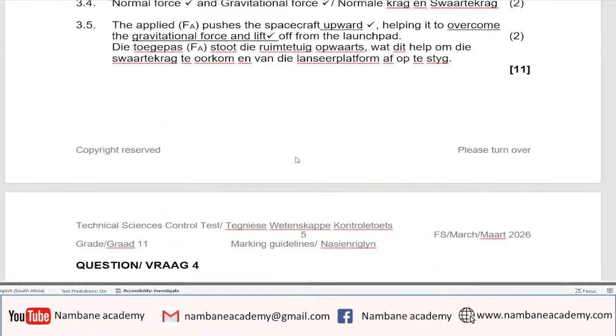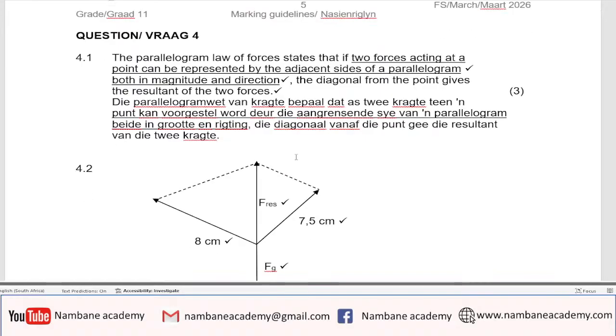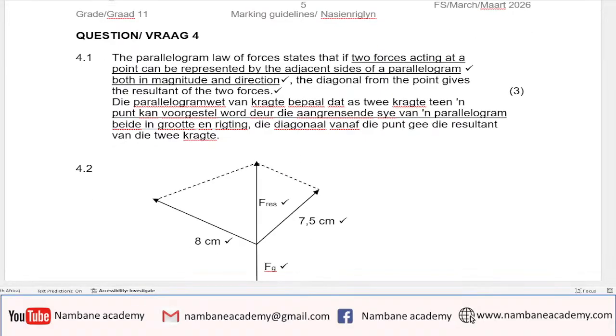Question 4, a force board is used to investigate 3 forces that are in equilibrium. Forces F1, F2, and F3 are acting on a knot at a point A. The angle between F2 and the horizontal is 30 degrees, and the angle between F1 and the vertical is 50 degrees. F1 has a magnitude of 8 Newton, F2 has a magnitude of 7.5 Newton.